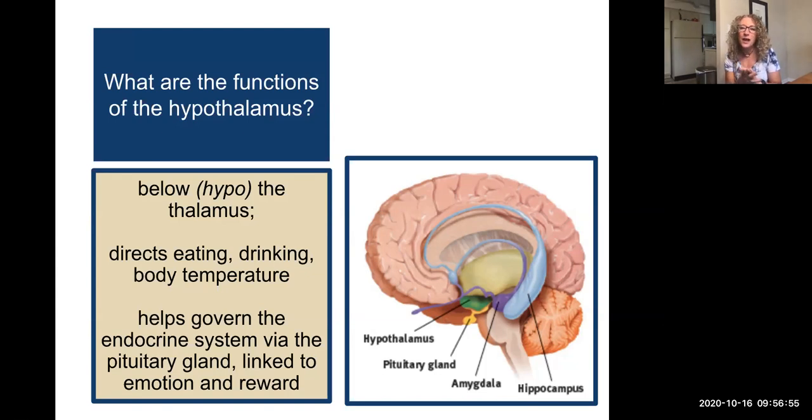And the other F is fornicate, because there is a part of the hypothalamus that is definitely associated with sexual feelings and sexual motivation. All right, so that is the hypothalamus.